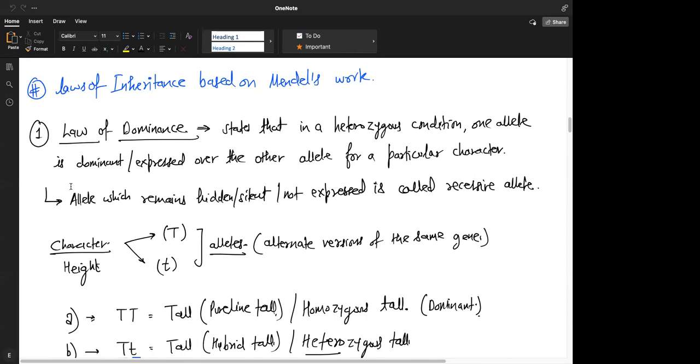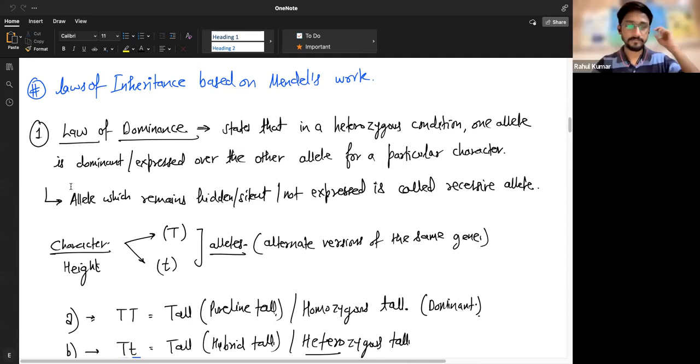The laws of inheritance given by Mendel, the first one is the law of dominance. As the word says, what does it say? Yeah, you can read. You can read on the board also.